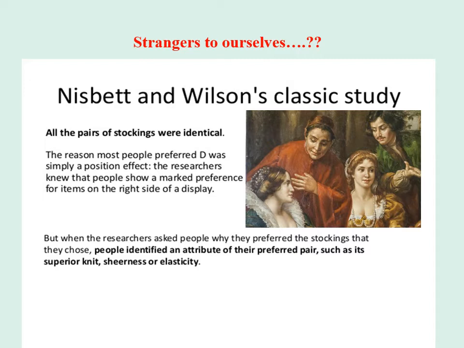Nisbet and Wilson argue that studies like these demonstrate that people have no direct access into their own judgmental processes. We don't know why we make the choice we make. And if we are asked to give an explanation, we make up a story that sounds plausible. In fact, observers who didn't participate in the choice, when asked to explain why a person would choose that particular stocking, gave very similar stories to the participants.